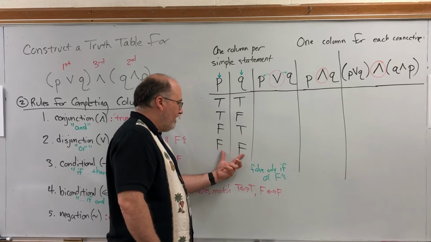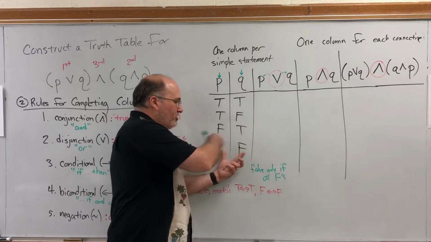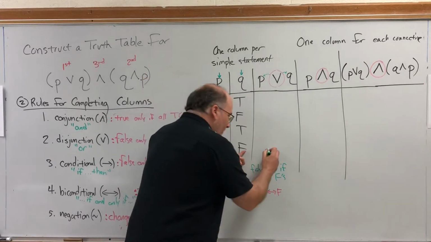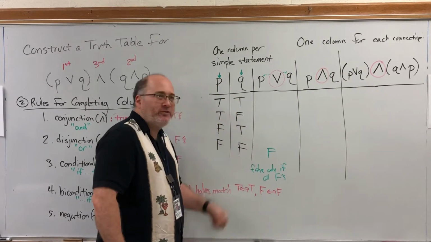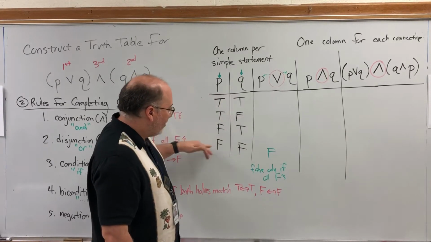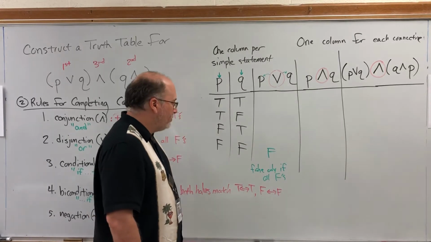Next row. FF. False only if all F's. Are these all F's? Yes. So according to the rule, I would write false. False because these are all F's. Now that I've applied the rule to each row, there was only one row where the rule did apply. What about the rest of the rows?